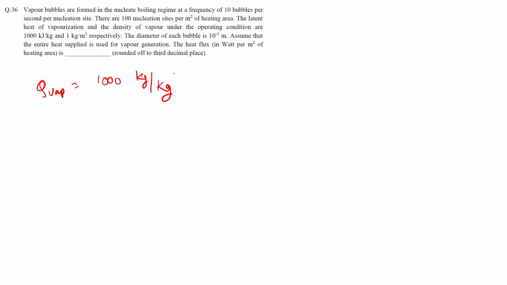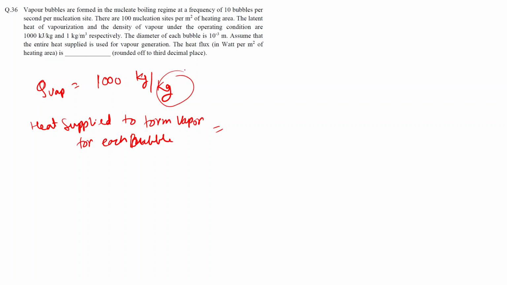So ultimately we can find the heat supplied to form one bubble by multiplying this by the total mass of the vapors.